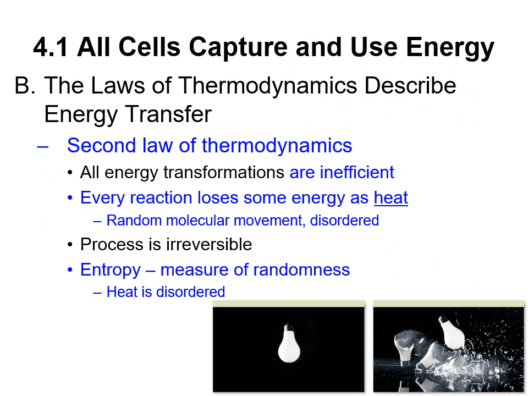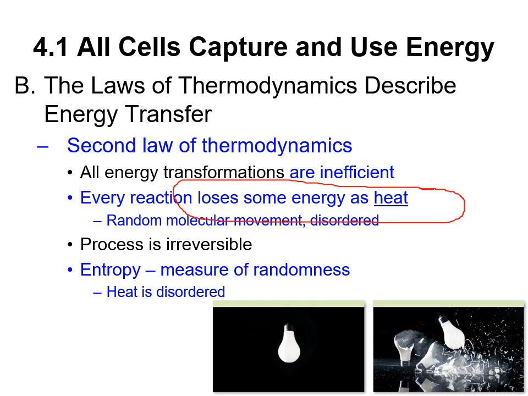And it says that energy transformations are inefficient. It is never 100% transfer of energy from point A to point B. Instead, every reaction that occurs will lose some of the energy in the form of heat. Now, heat is very random, it's very disorganized, so we can't utilize that as an effective energy source.